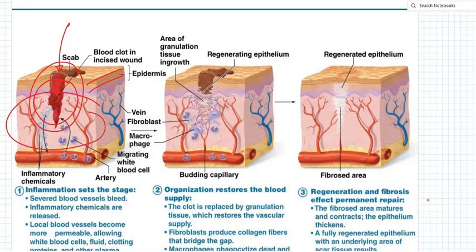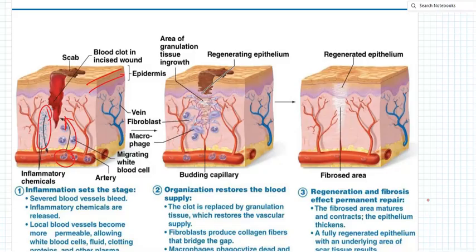Now, these damaged cells produce these inflammatory molecules which attract white blood cells. So white blood cells, you see, they leave the blood vessel and get into the tissue. Now, you want more white blood cells to arrive to the site of injury to kill bad actors and clean up the debris.